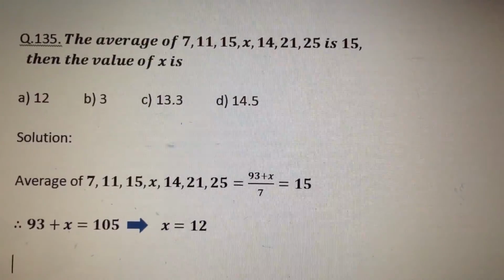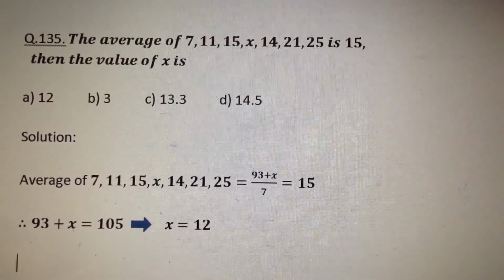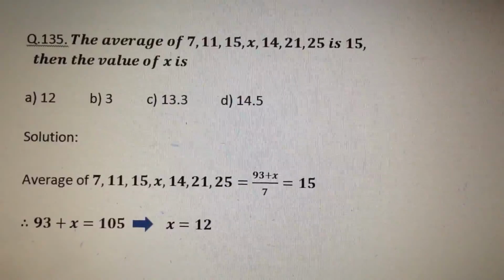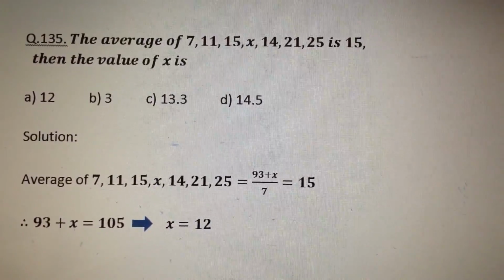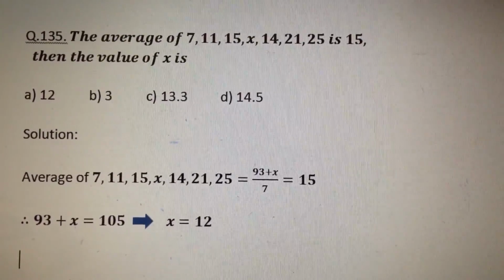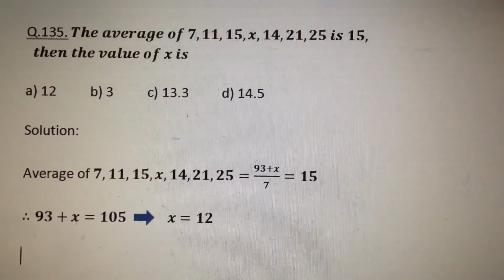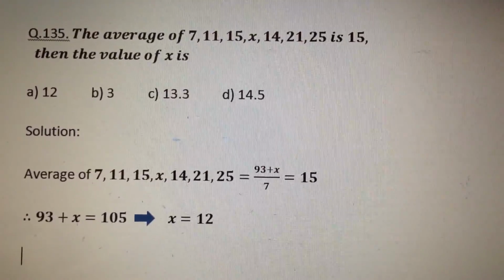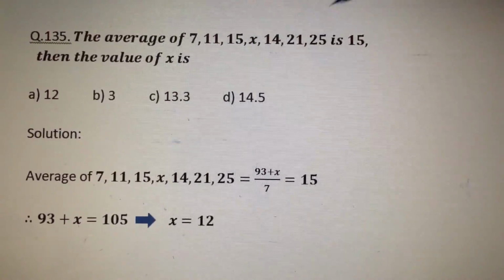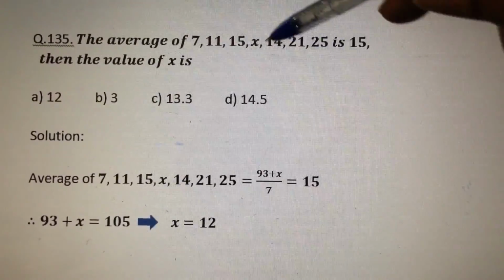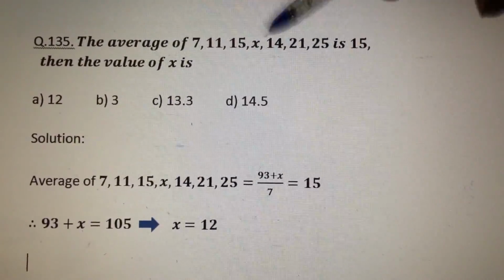Next question. The average of 7, 11, 15, x, 14, 21 and 25 is given as 15. Then find the value of x. It is a very simple question of averages. 7 numbers are given and we are asked to find a number.